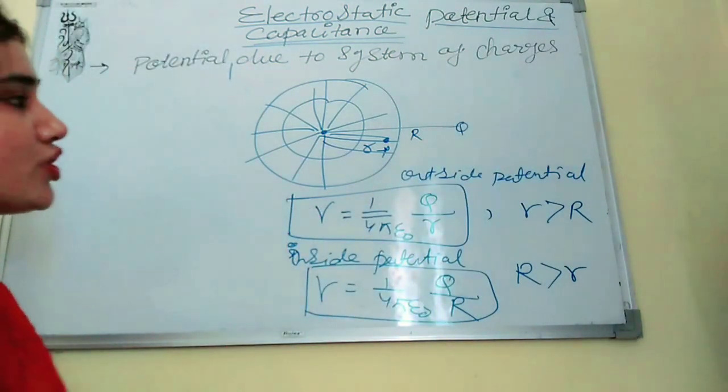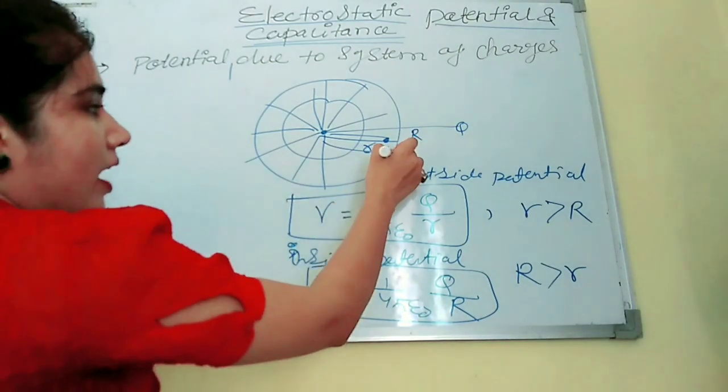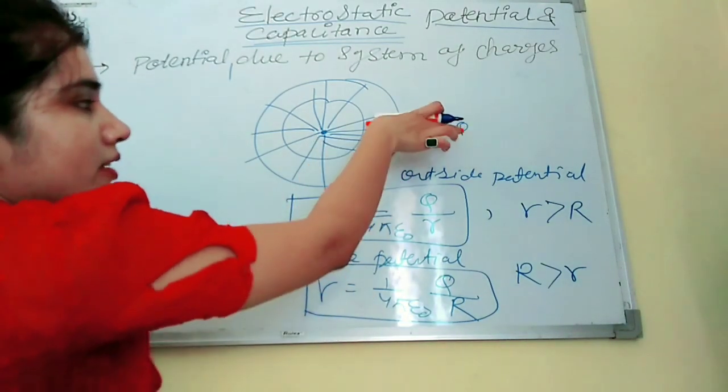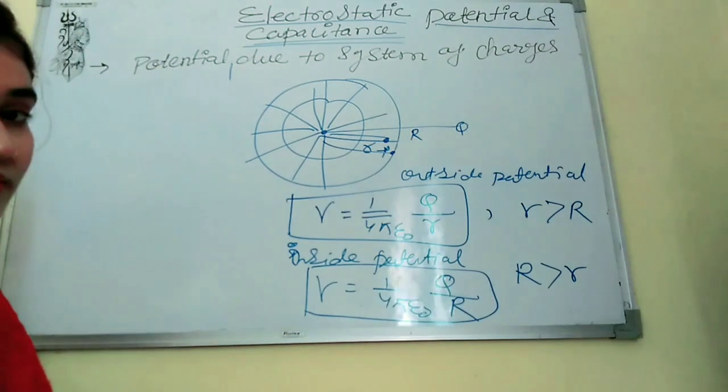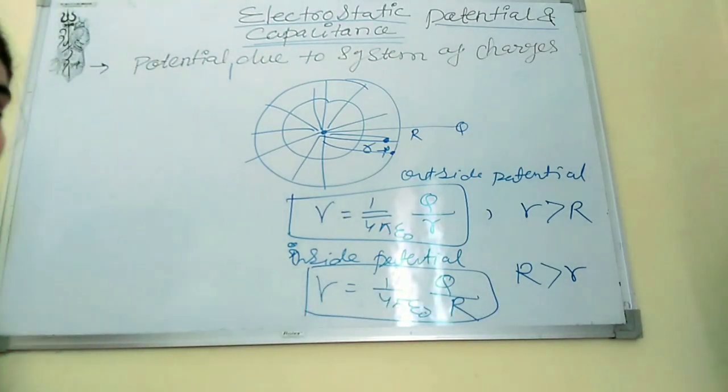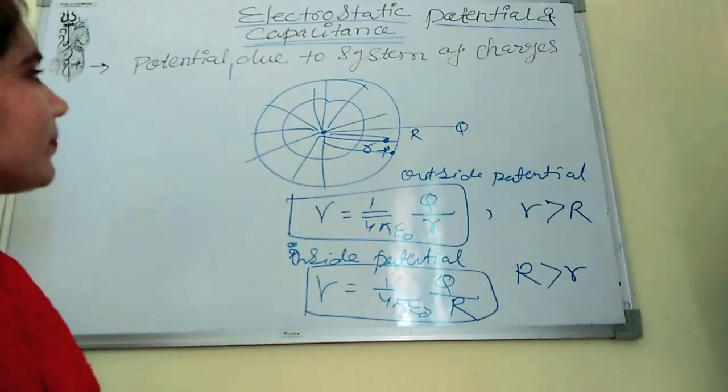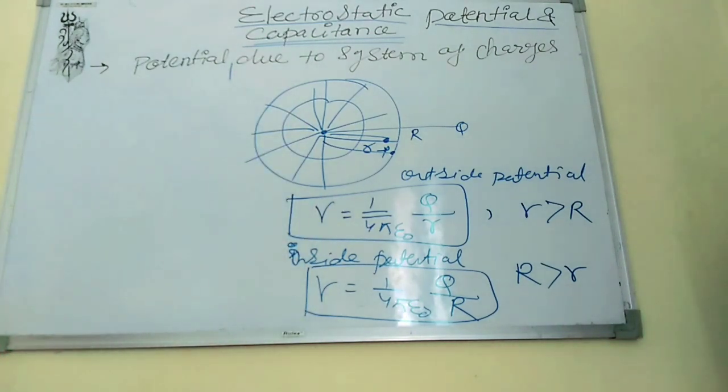To find the potential inside the shell, r is smaller than capital R, and we take capital R in place of the distance. Is that clear? Take a screenshot.